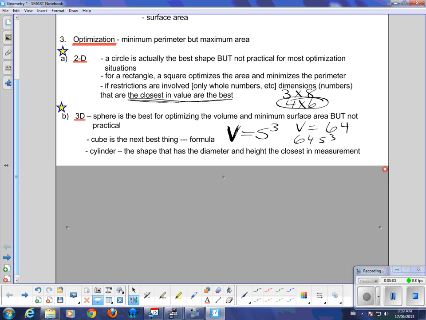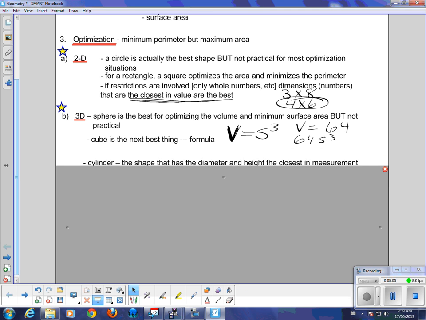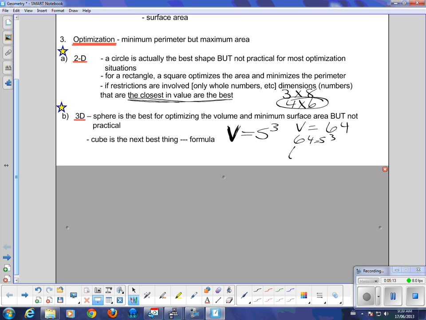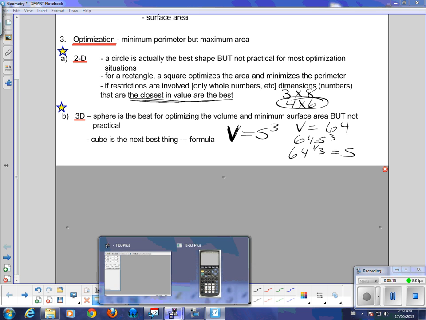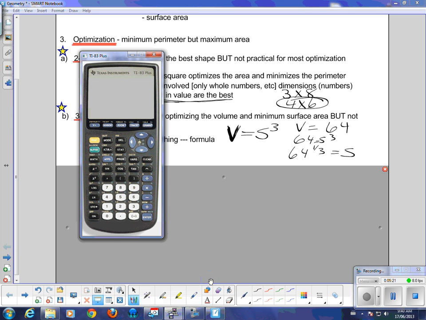Take the cube root of both sides, so 64 to the 1/3 would equal s. And again, you could actually take your calculator and calculate that.